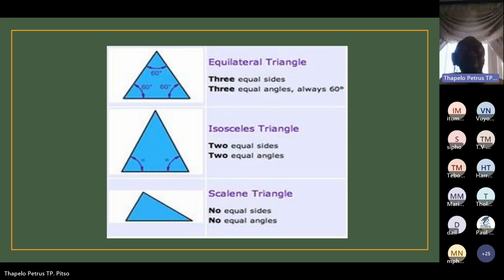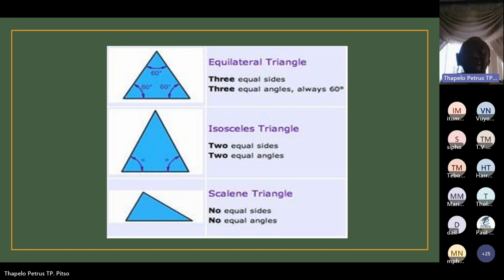Equilateral, three equal sides, three equal angles, 60 degrees each. Isosceles, two equal sides and two equal angles, and scalene triangle, no equal sides, no equal angles.